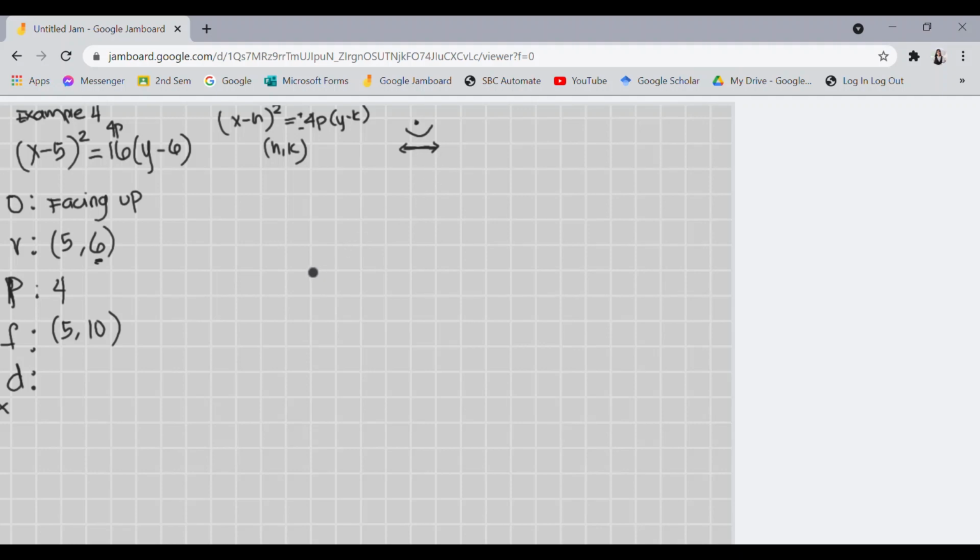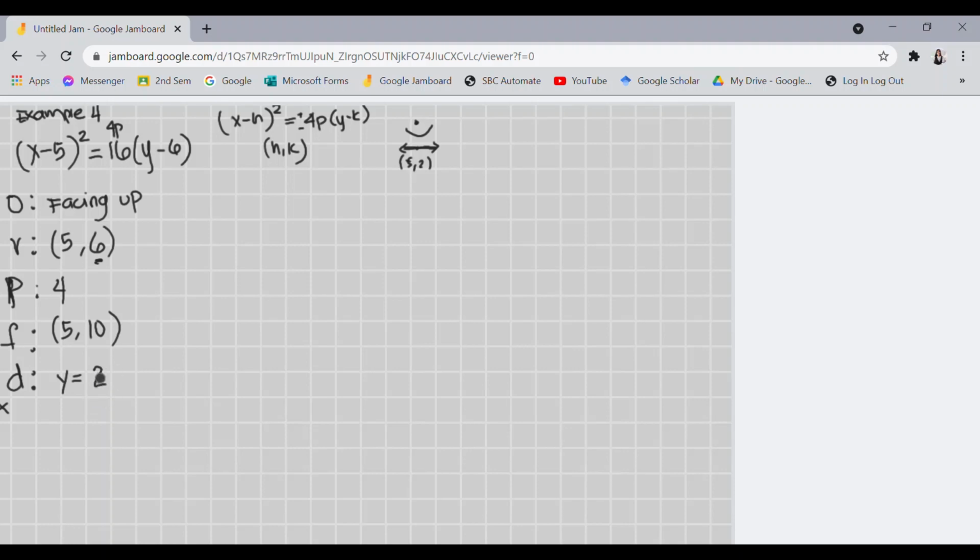If it's a horizontal line, the equation starts with y equals. What particular point will it touch? It will touch (5, 2). Therefore, we now have the equation for the directrix as y equals 2, since a horizontal line intersects the y-axis at the y coordinate of the point, which is 2.